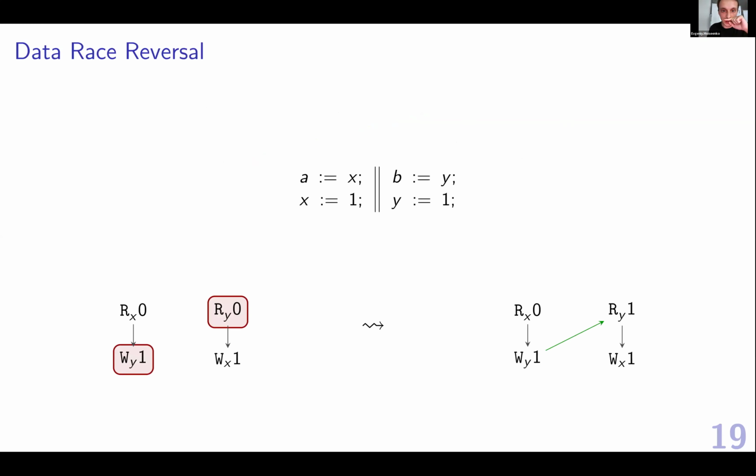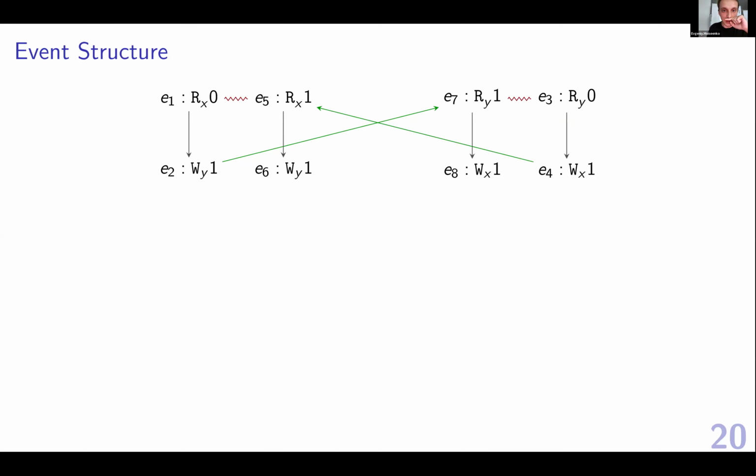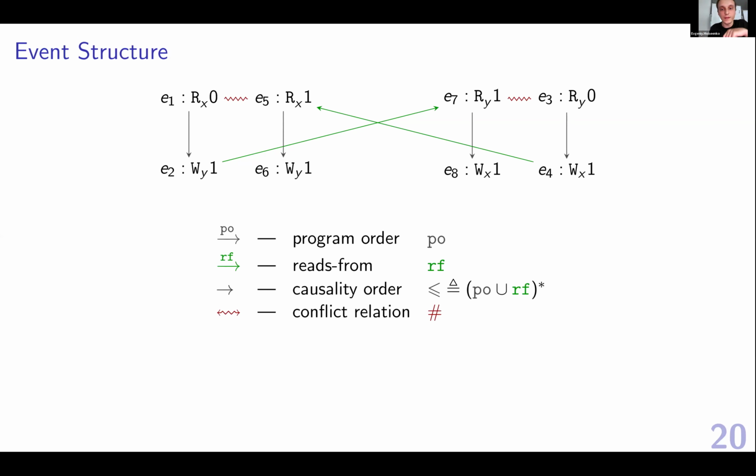So what does it have? Again, we have program order and reads-from relationships. And then the event structure itself also builds upon two main relations: the causality order and the conflict relation. Causality order tells which events causally depend on which.